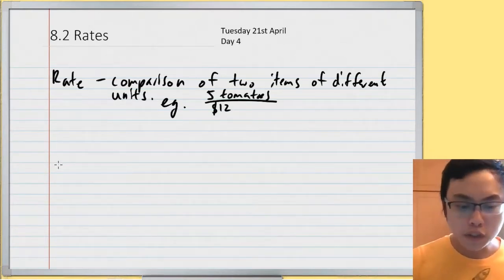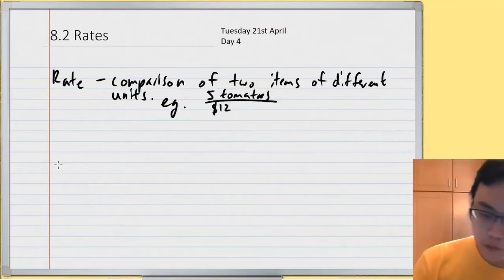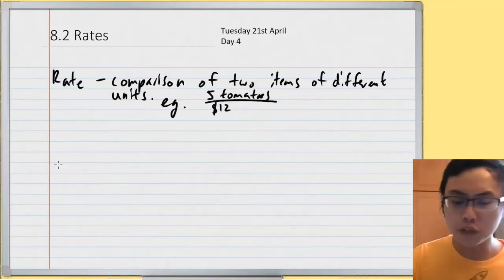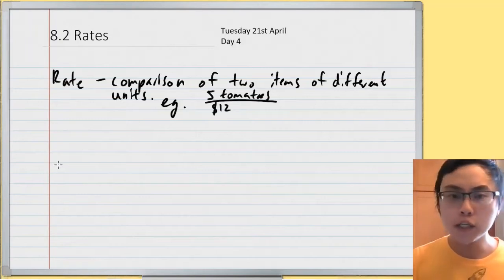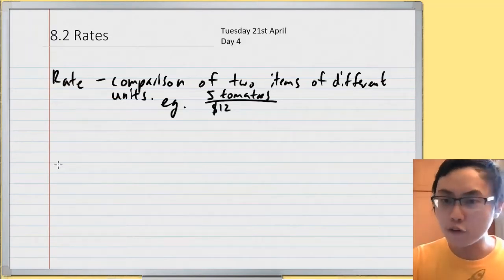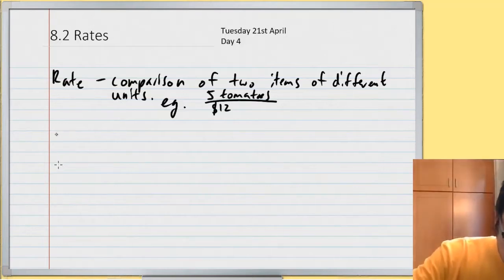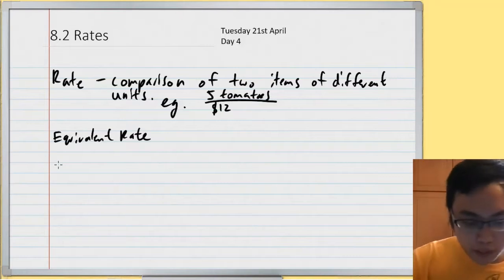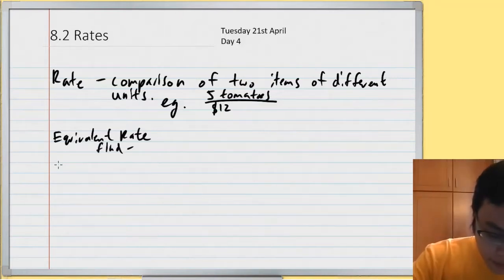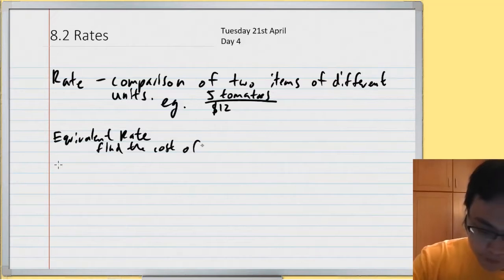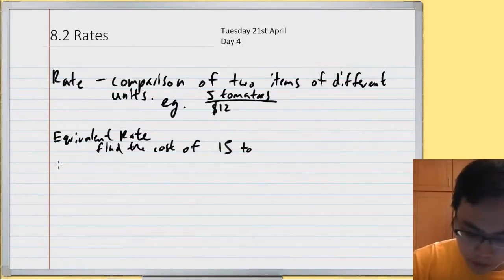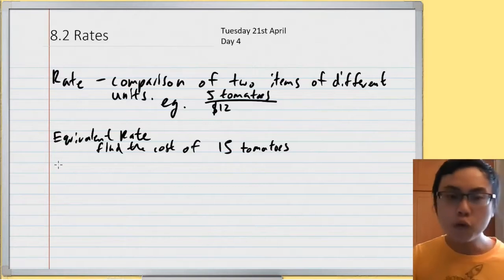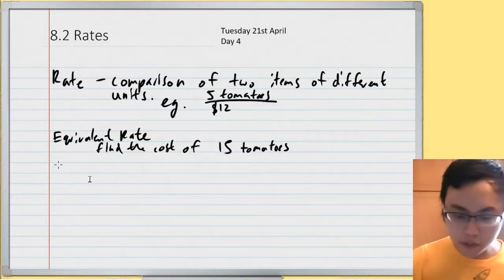Now there's something called equivalent rates. For example, let's say we're working with 5 tomatoes for $12 and you want to find the cost for 15 tomatoes. We can use fractions to do this in a very easy way.